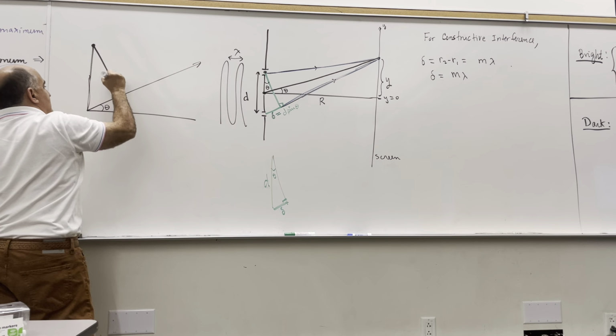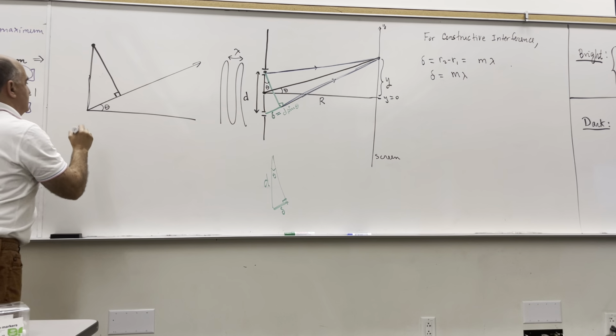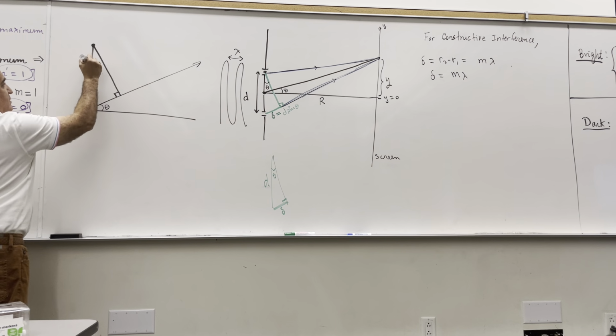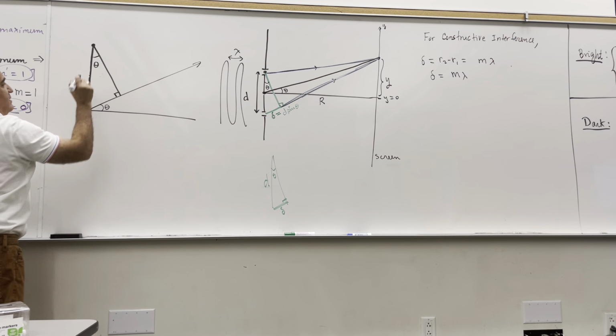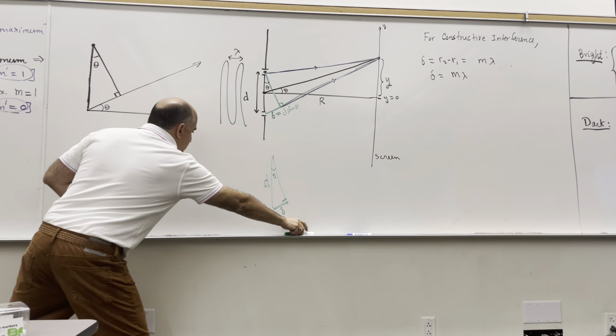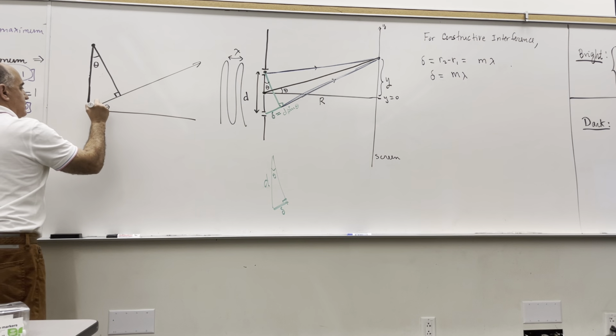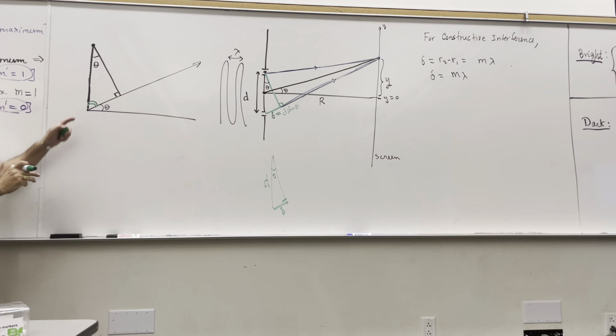But if I go like this, and I make that 90 degrees, and this is theta, so what angle is this? If I look at that triangle, 90 minus theta, right?